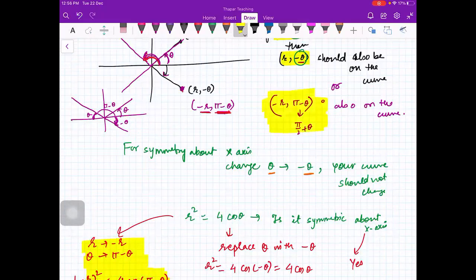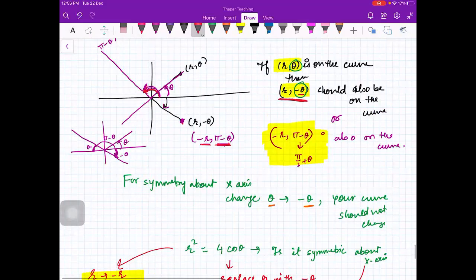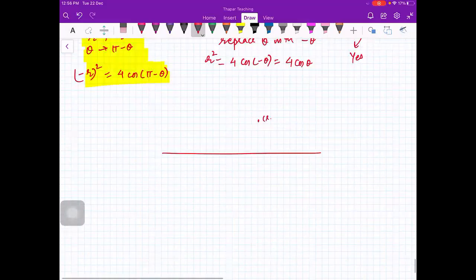Ma'am, I had a question. Where r comma minus theta is written, should we not measure the angle from there? No, beta, you see, what is the meaning of symmetry about the x-axis? It means that if a point r comma theta is on this curve, then its reflection should also be on the curve.